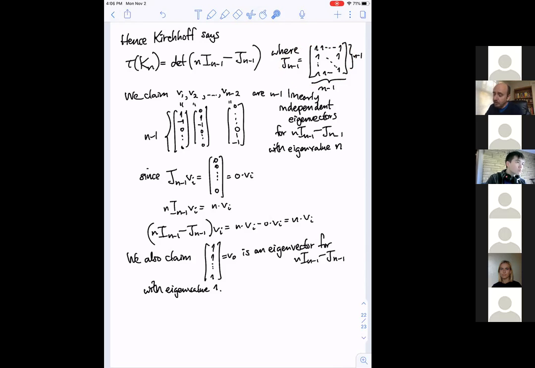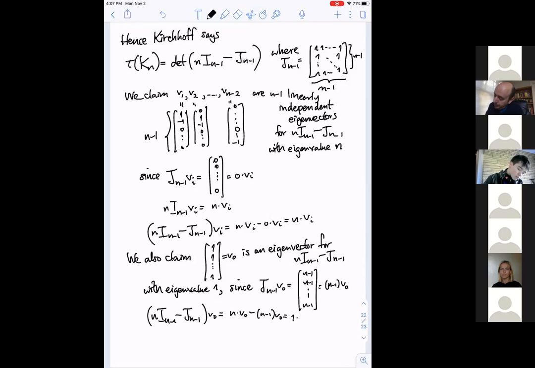You get n minus 1 every time, which is n minus 1 times v0. So n times the identity minus J_{n-1}, when you apply it to v0, you get n times v0 minus n minus 1 times v0. That's just 1 times v0. That vector is an eigenvector with eigenvalue 1.